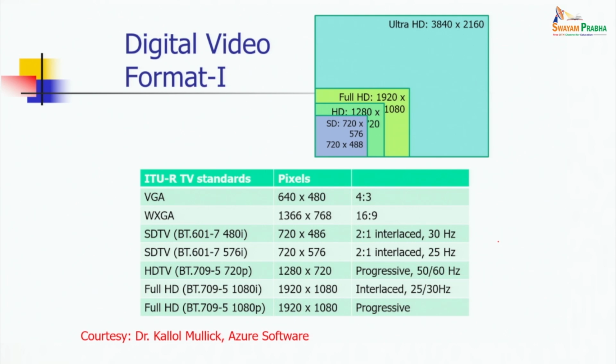For example, VGA video has a 4:3 aspect ratio with a 640 into 480 frame size. WXGA has a 16:9 aspect ratio, and HDTV is 2:1 interlaced. So in this way, even the lines are stored in that fashion. Interlaced fashion, 2:1.